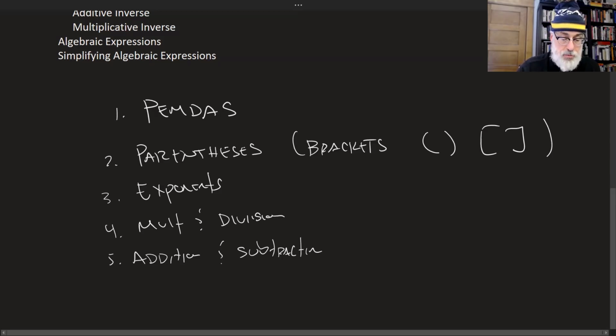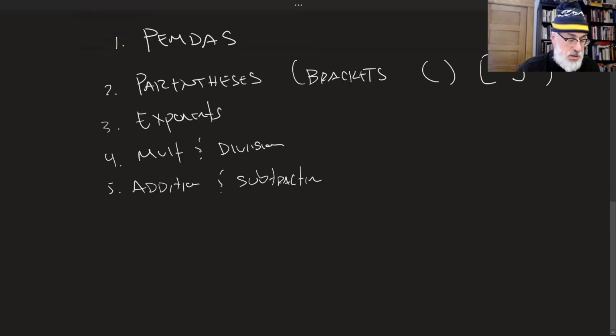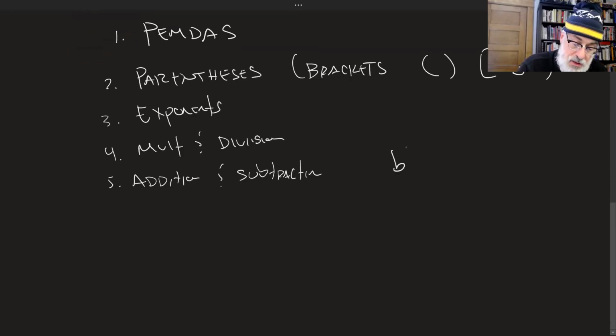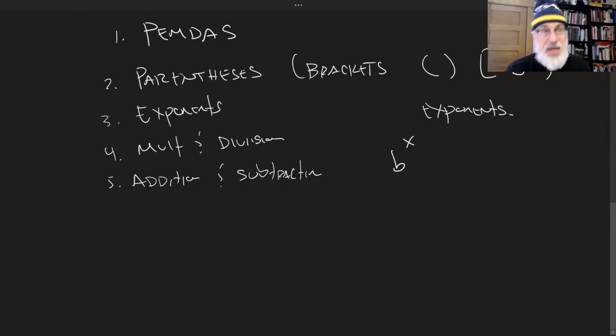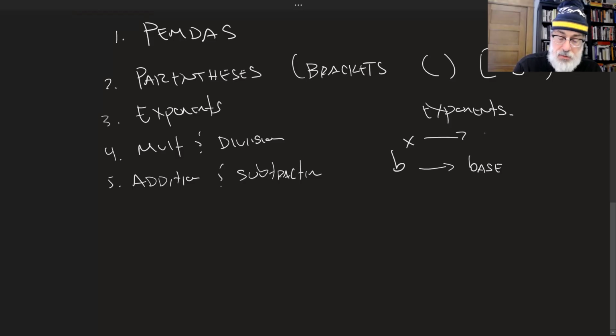All right, so quickly, before we start, let's look at a quick exponential. So for an exponent, we have a base b and an exponent x. b is the base. And we say what it's raised to, we say it's the power.